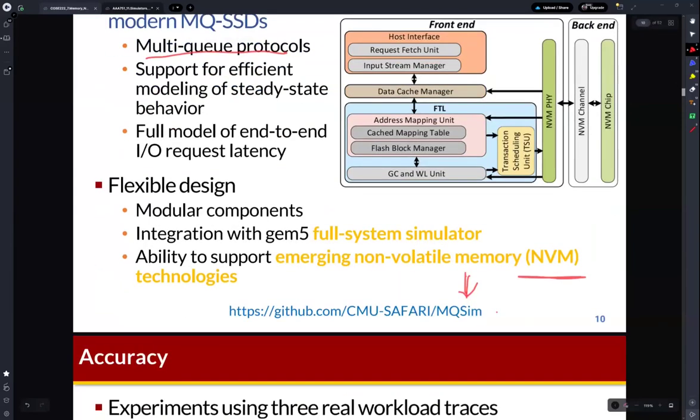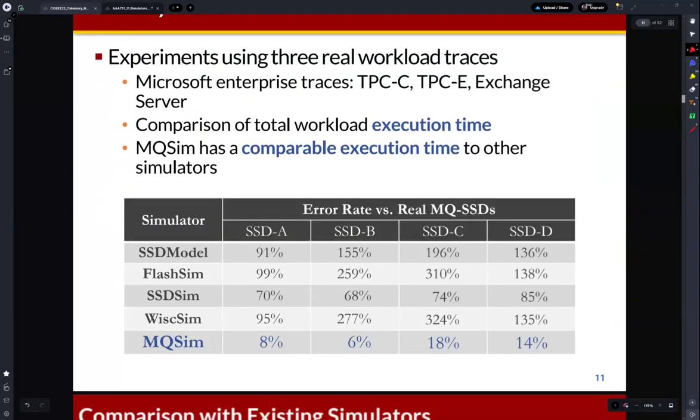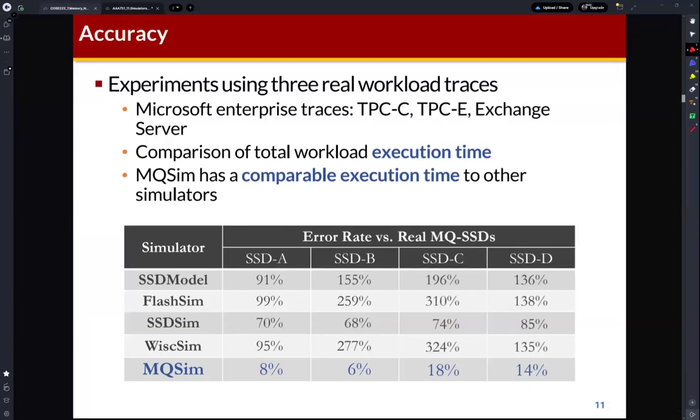Okay, and then they also exhibit the accuracy of the MQSim, right? So it's like the error rate. So these are some very old simulators, right? And then they also reported some accuracy of this MQSim, right? So this is the simulator paper.